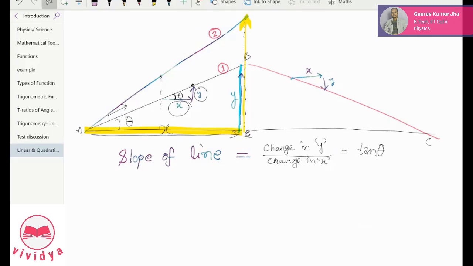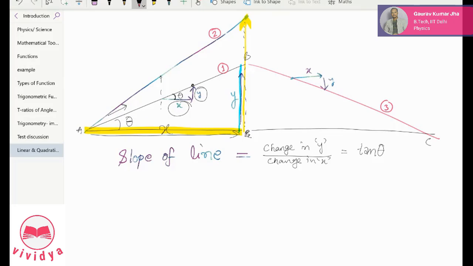What is the difference between line 1, 2 and the third line? Exactly. Change in y will be negative, right? Change in x will be positive, then change in y will be negative. So your slope will be negative. Okay.